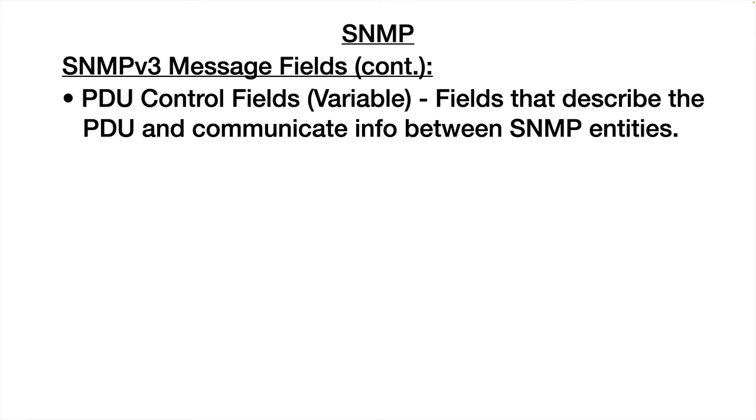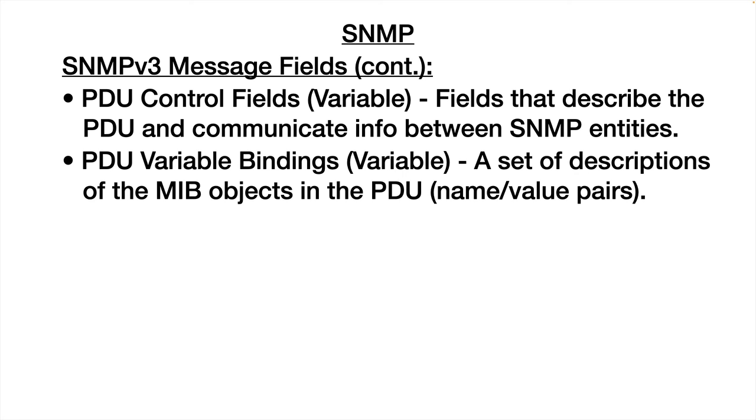We then have control fields that describe what PDU is to follow and is used to communicate between SNMP entities. And then we have variable bindings, which are a set of descriptions of the MIB objects, and this is a set of name-value pairs.